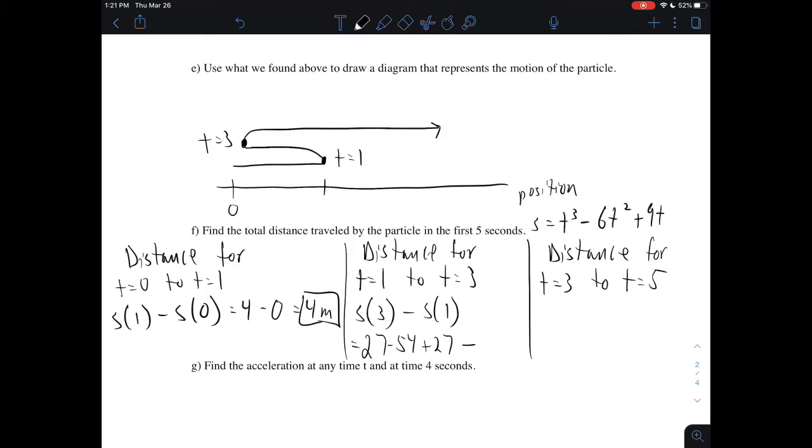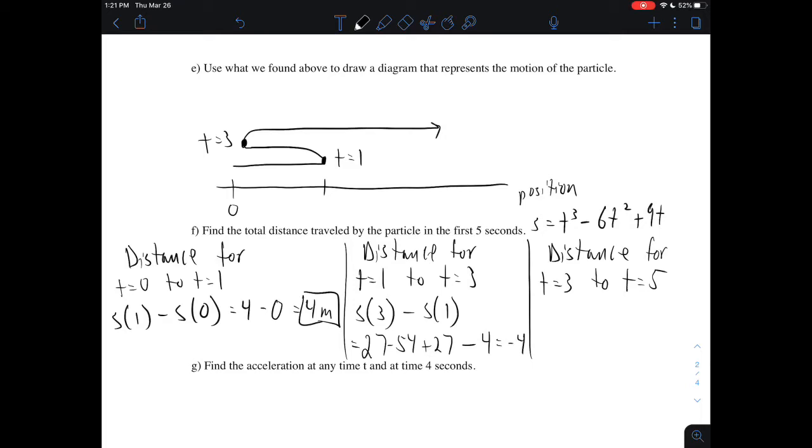And then minus the position at time 1, which we already said was 4. And so then this turns into 27 plus 27 minus 54 is 0. Minus 4 is negative 4.